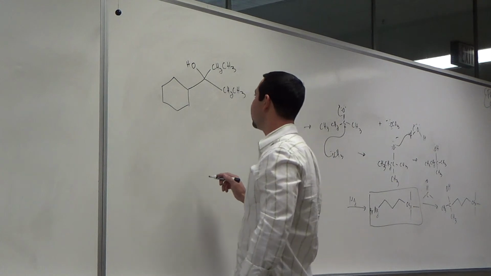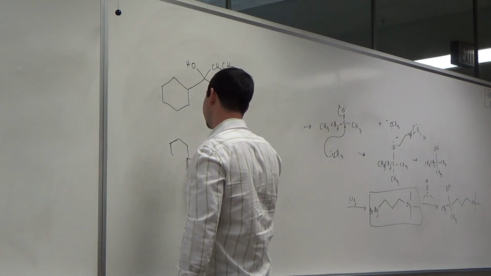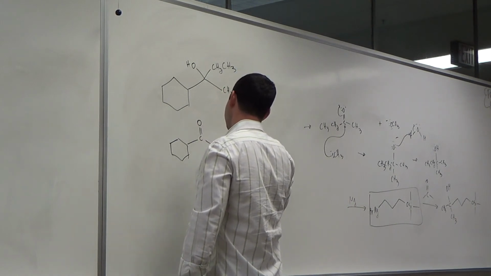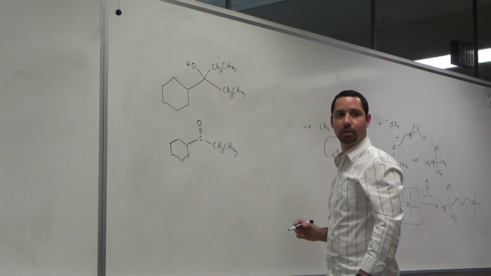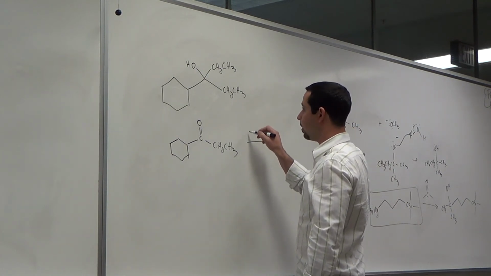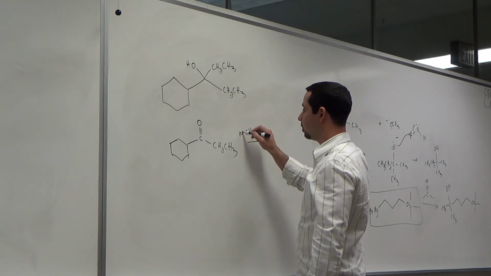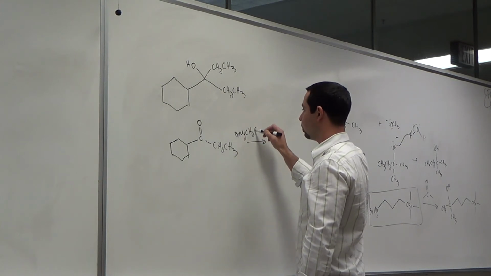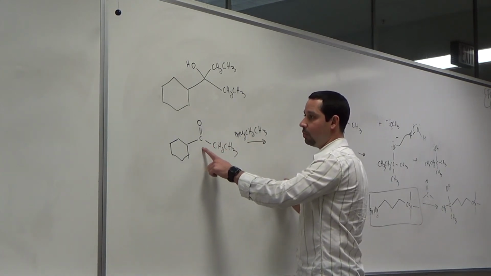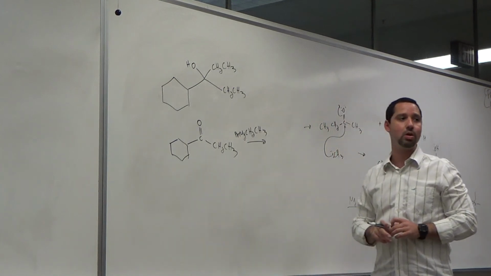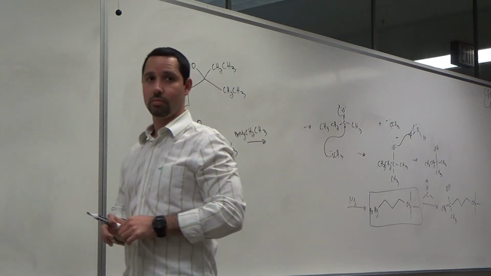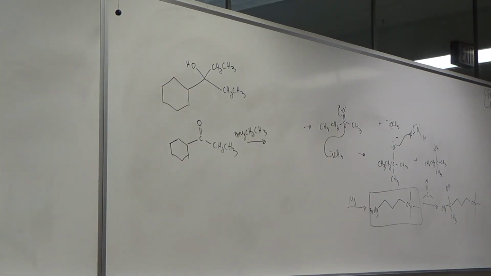So let's say that what I'm going to do is this. What is going to attack now? The Grignard that will attack from there is CH3CH2MgBr. If that attacks, the CH2CH3 will be added here and the OH is there. Was there another way?